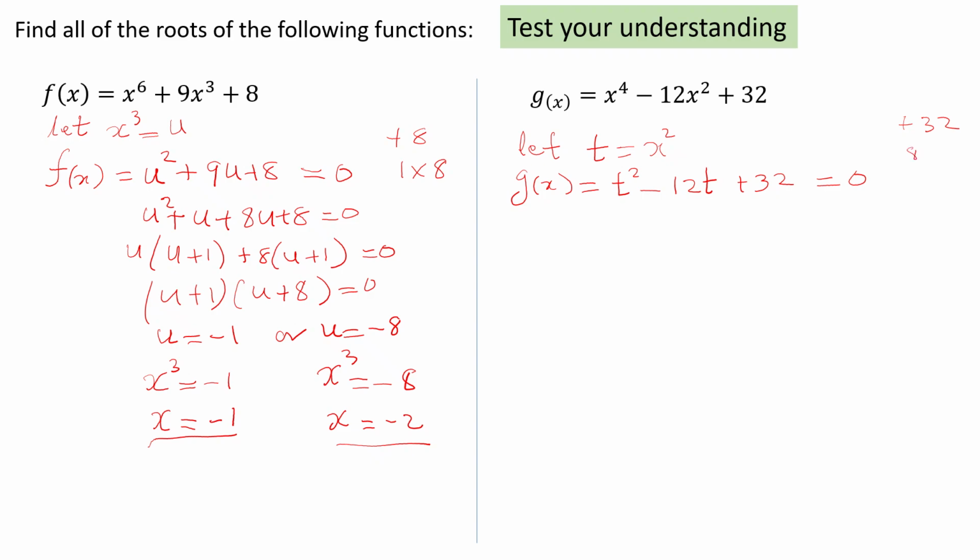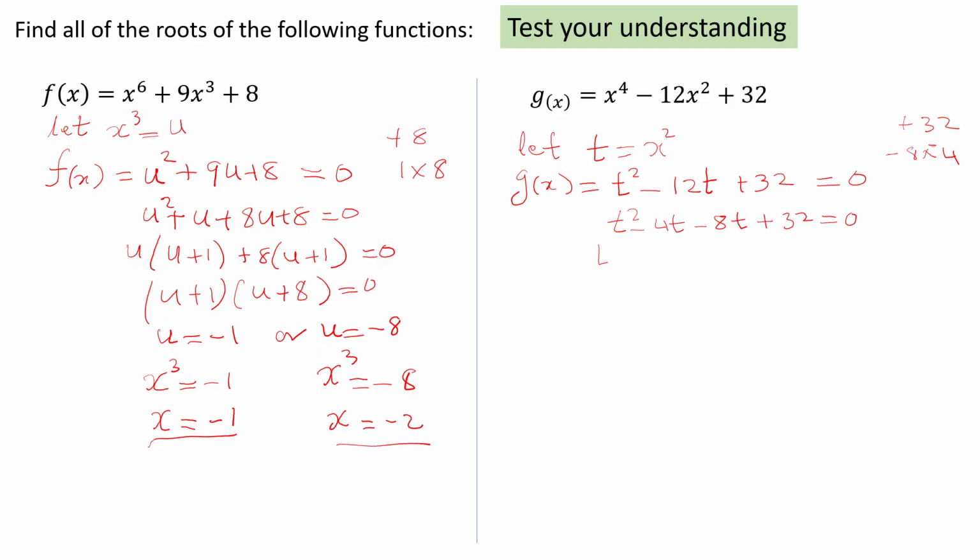So 8 times 4 is 32. Negative 8, negative 4, which is negative 12. If you add, you multiply, positive 32. So t squared minus 4t minus 8t plus 32 equals 0.